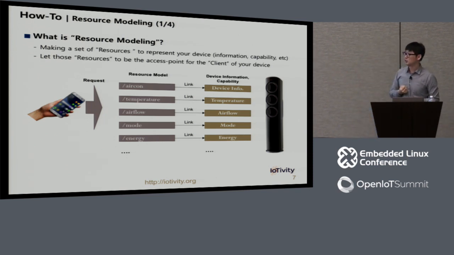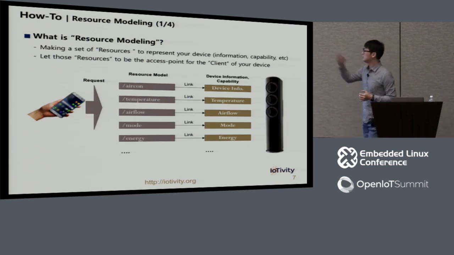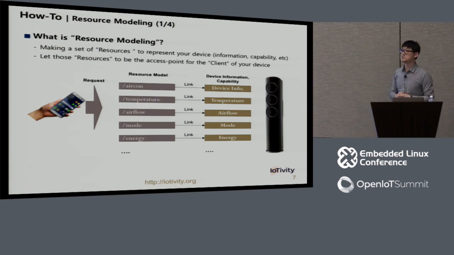And if you send a POST request to that resource with some specific temperature value that you want to change, then the device will receive that data and use it inside and send back results. If it receives that value, it will say okay. Or if the device does not receive that data, it will say error. I'll give more detailed explanations later.